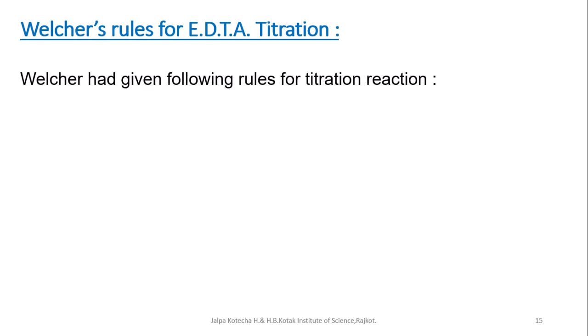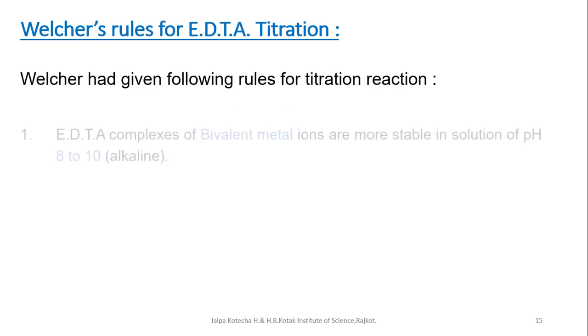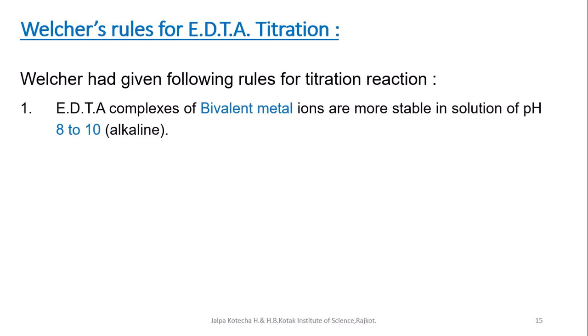Now finally we take Welcher's rules for the EDTA titration. Welcher gave these rules because the stability of the metal EDTA complexes is highly dependent on the pH of the solution. So it was highly necessary to maintain the pH of the solution while forming the complex of EDTA with the metal ion.